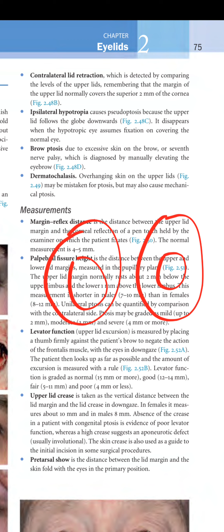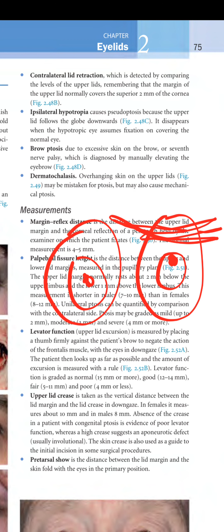One eye is having fixation and the other is a hypotropic eye, so the reflex will come upward. Because of this, the upper lid follows the hypotropic eye, so it will give the impression of ptosis.